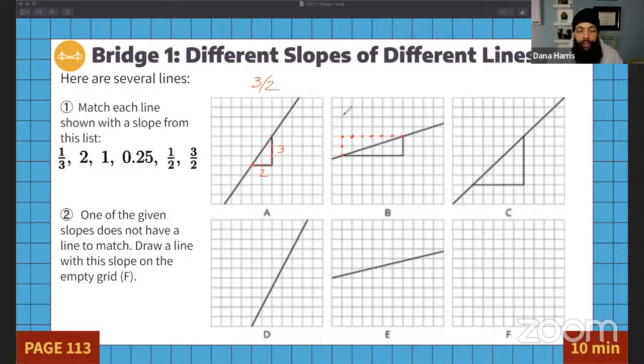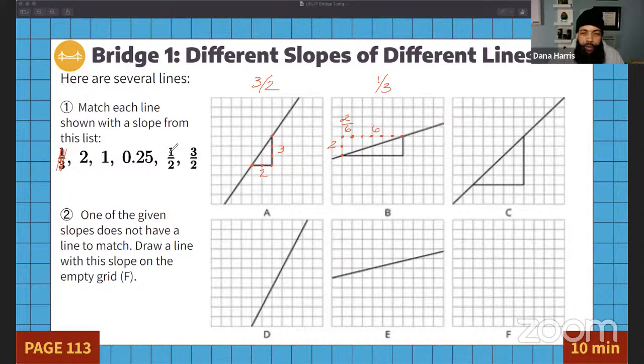So the rise is 2 and the run is 6, so 2 over 6. I keep simplifying it, I'm sorry. 2 over 6 can simplify to 1/3. So we've knocked out the 1/3.